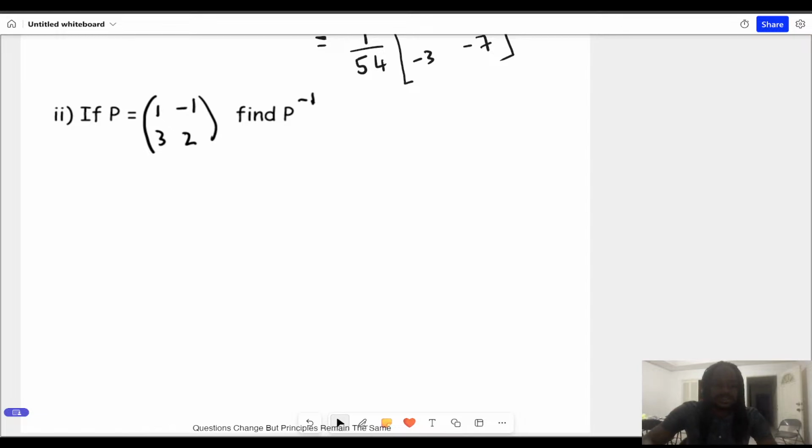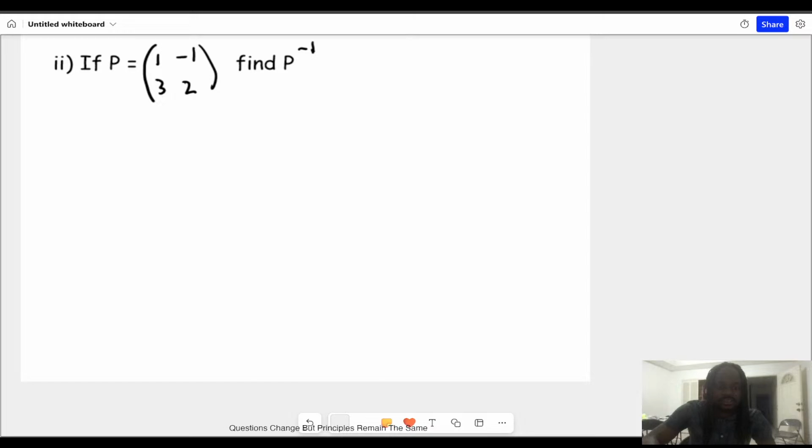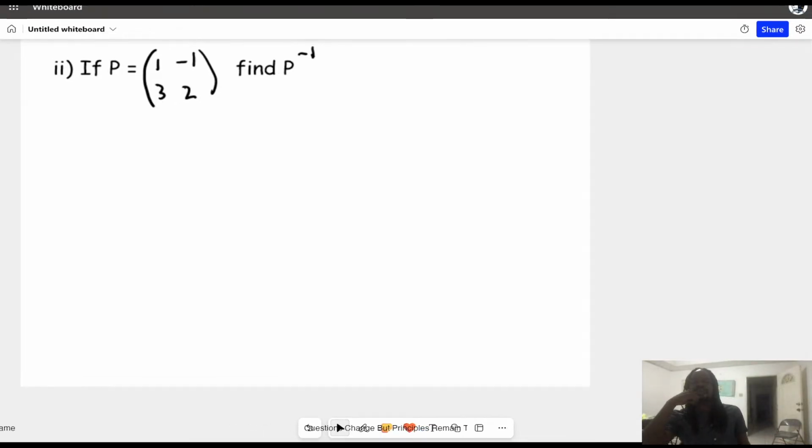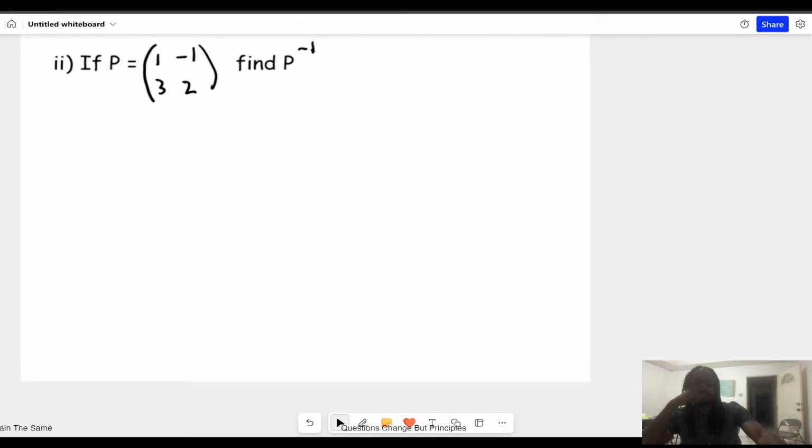Alright, let's go again. Next question. If P is equal to 1, -1, 3, 2, find P inverse. And remember here now, for P inverse you're using the same formula.